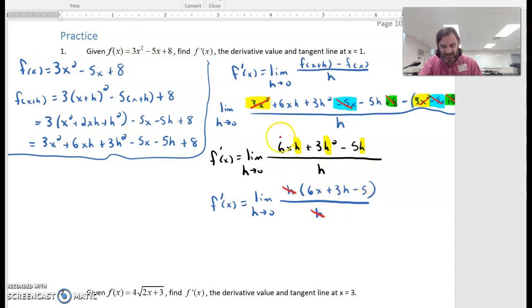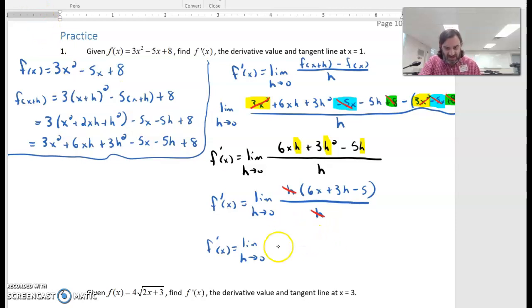We still have the limit, so f prime of x equals the limit as h approaches 0 of 6x plus 3h minus 5. There's no denominator there, so I don't have to write it like that.